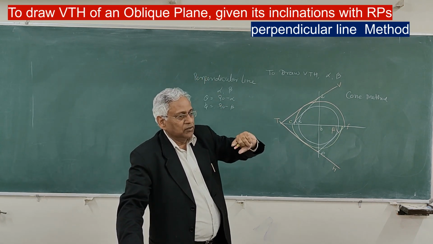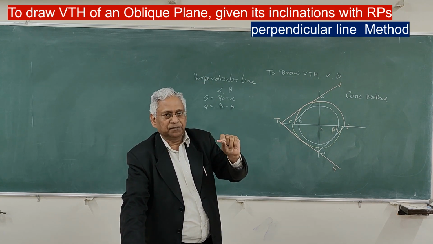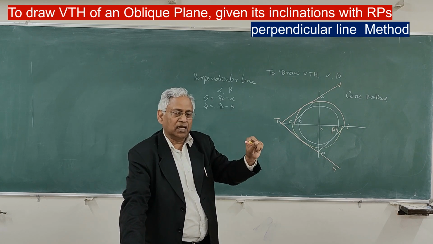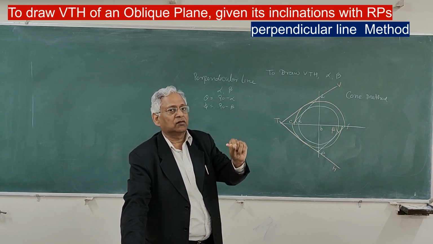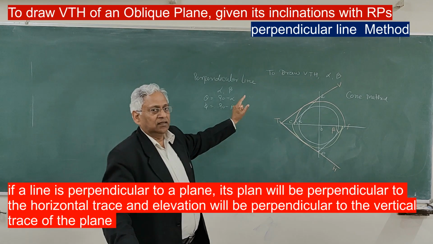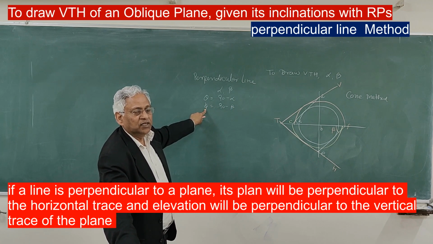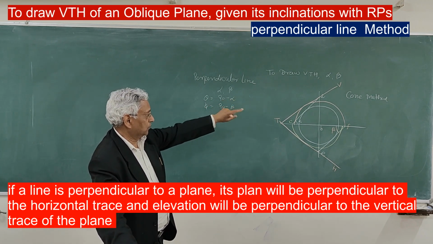And one thing also you should remember, that when a line is perpendicular to a plane, its projections are perpendicular to the traces of the plane. And therefore, if you draw the projection of this line, which makes angle theta and phi with the reference planes, you can draw the traces of this plane also.